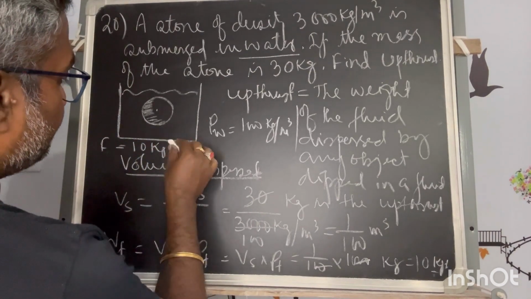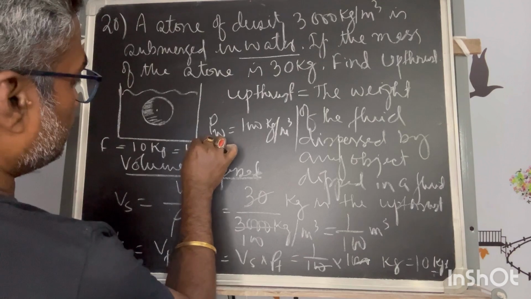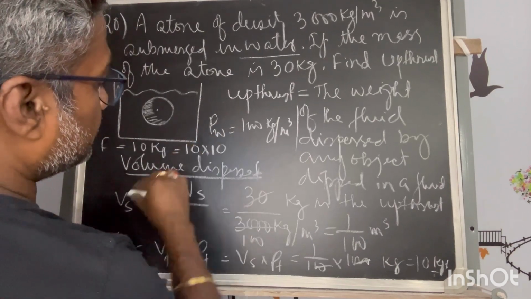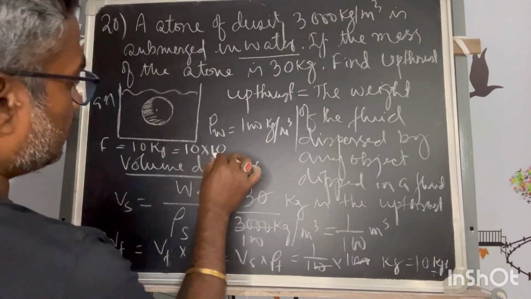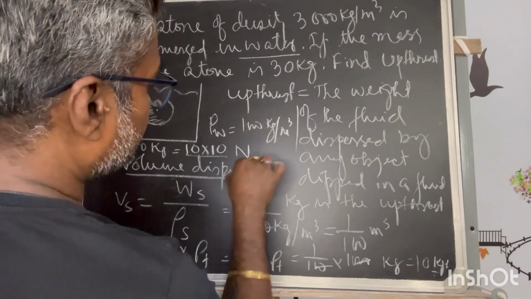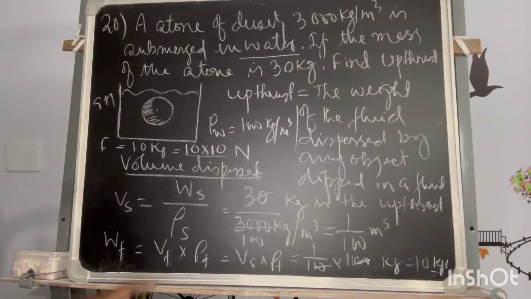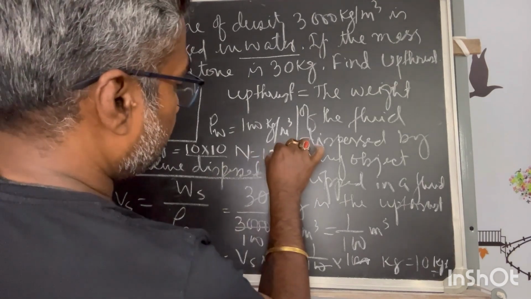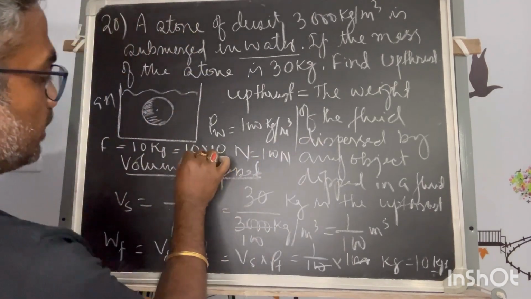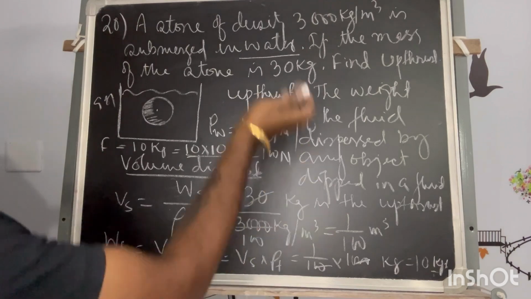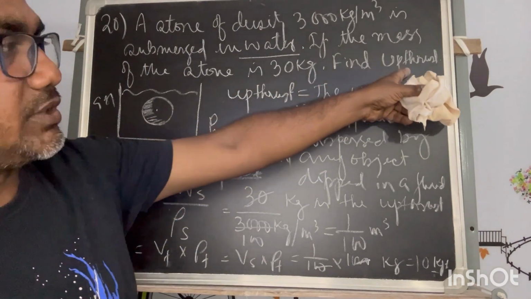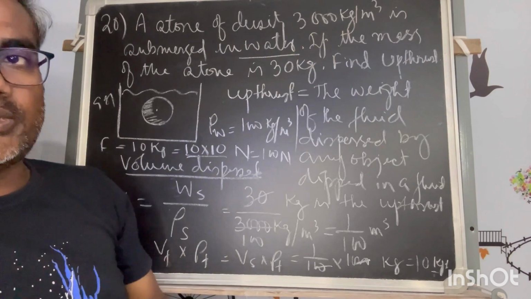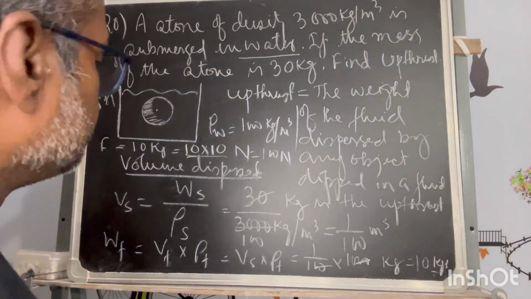Now if I want to convert into Newton, you have to further multiply by approximately 10, because this is 9.81, you can take it as 10. So the buoyant force will be 100 Newton, or 10 kg force of buoyancy. It will be the amount of buoyancy or upthrust, whatever you say, the value of the upthrust.